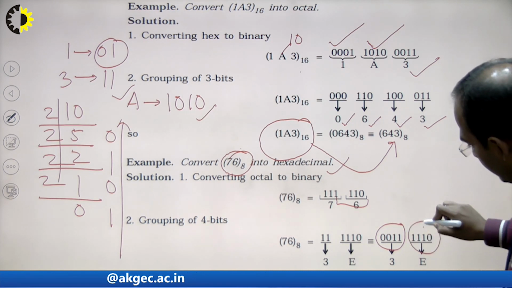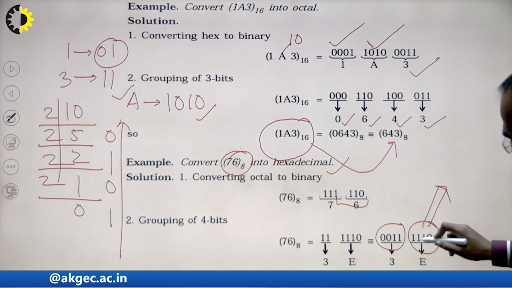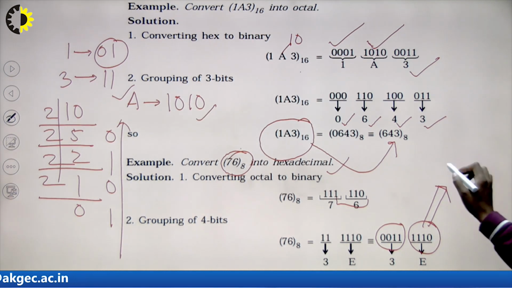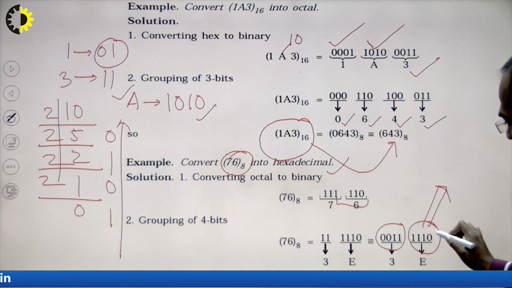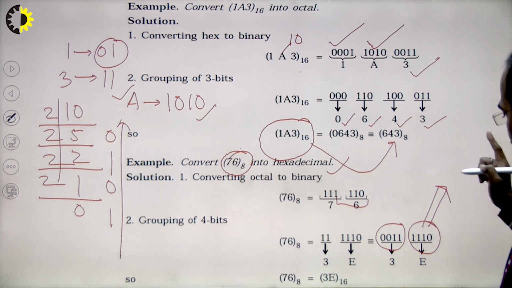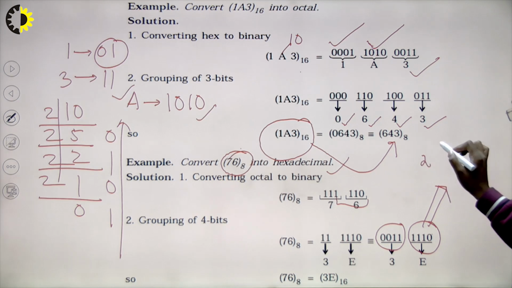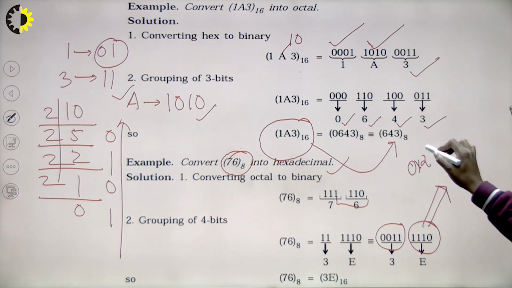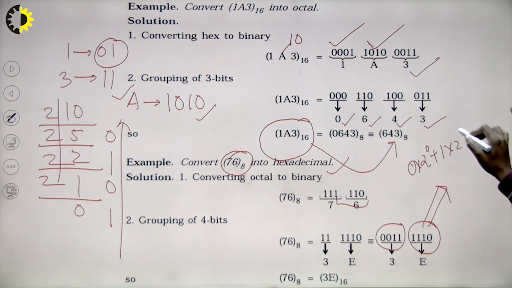Now, you can check how 1110 is equivalent to E. This is the binary number system, so the weights are powers of 2: 0 into 2 to the power 0, plus 1 into 2 to the power 1, plus 1 into 2 to the power 2, plus 1 into 2 to the power 3.